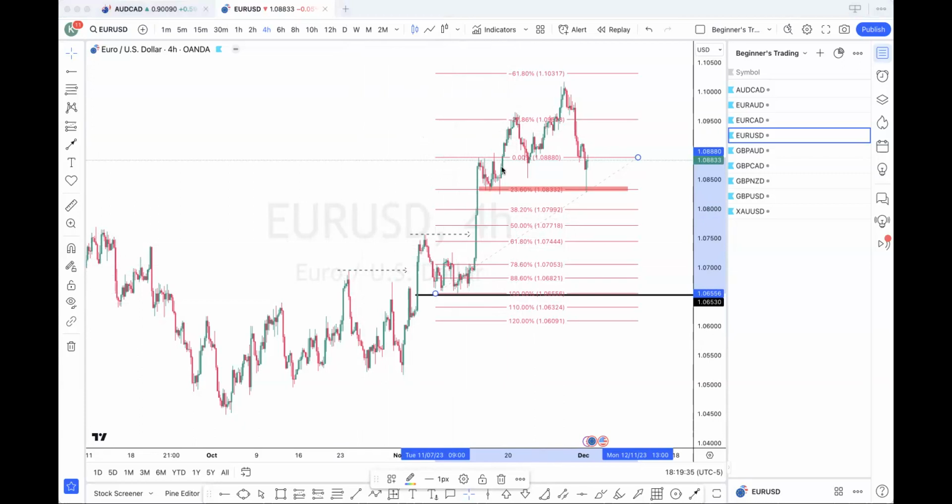Let's see. So Terry, what is your markup? I like that markup, but what is your analysis of that markup? So I'm looking for it to sell to that zone at the bottom.